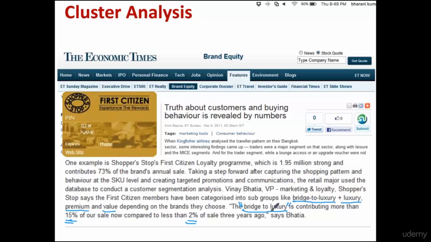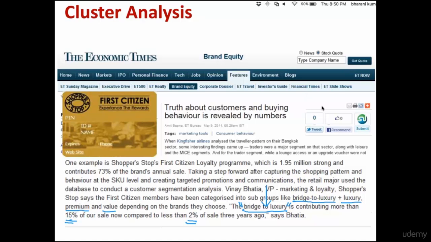These are people who are almost purchasing luxury goods, but were not purchasing them. So maybe they devised a strategy to send emails with special discounts on luxury products. And once people start purchasing luxury products, they would not want to purchase substandard products.